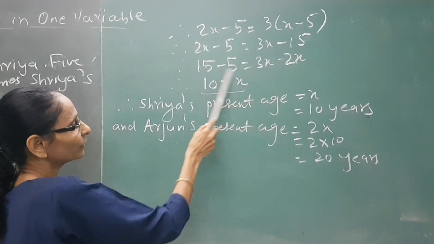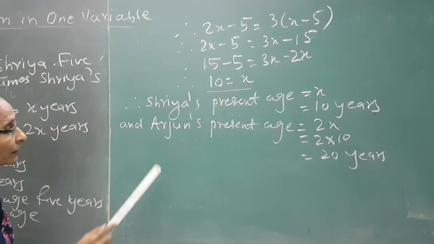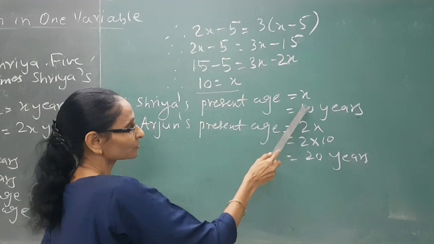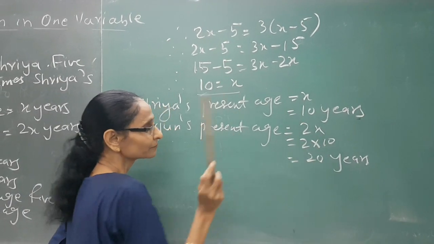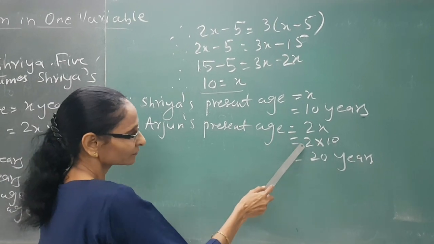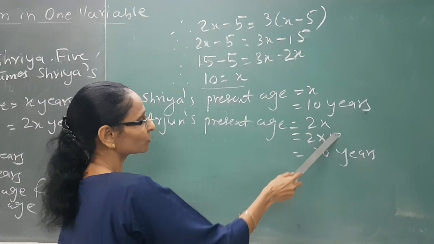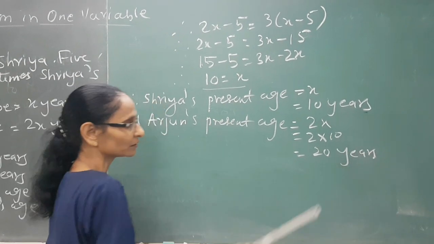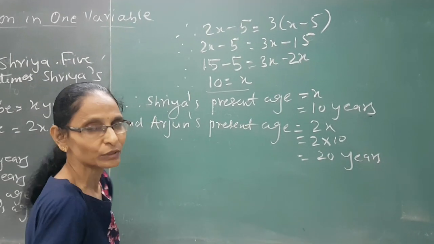Therefore 10 is equal to x. So the value of x is 10. Now Shriya's present age is x years, so Shriya's present age is 10 years. And Arjun's present age is 2x, that is 2 into 10, because the value of x is 10, which is equal to 20 years. So Arjun's age is 20 years.